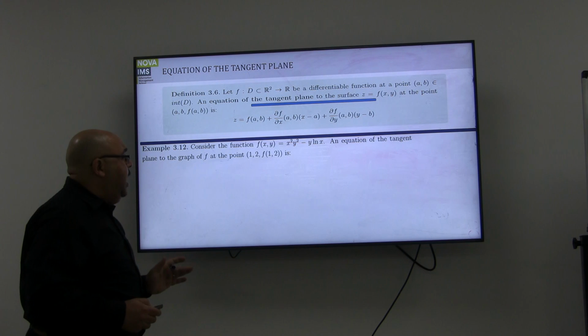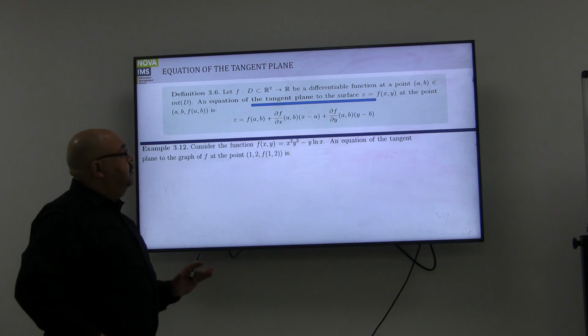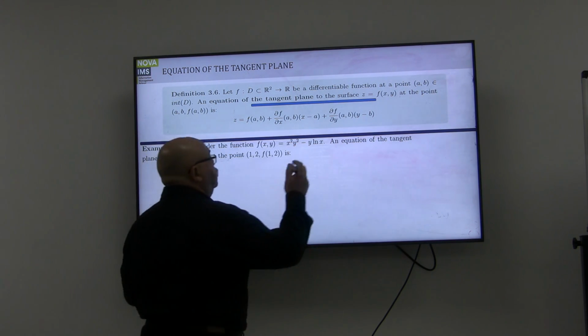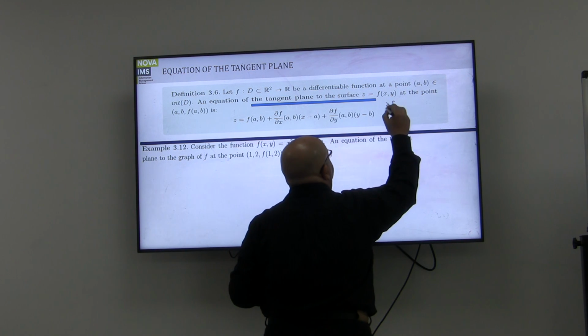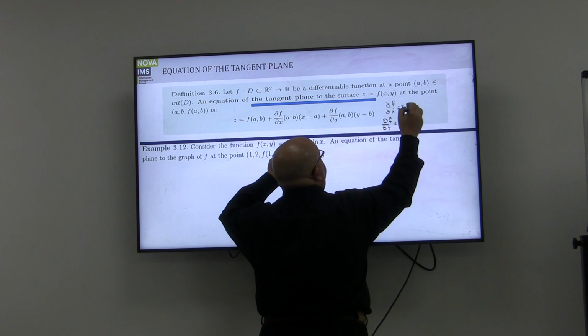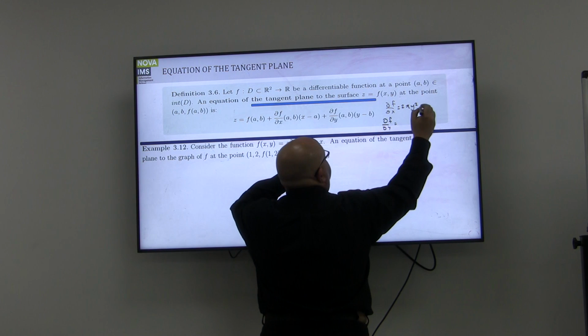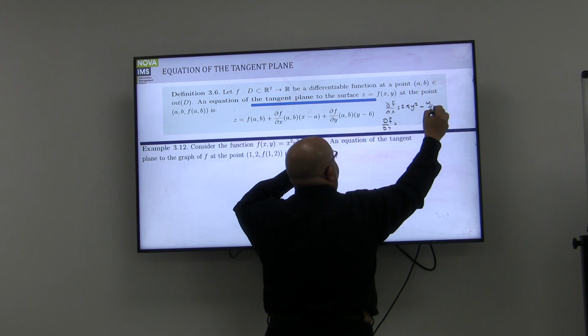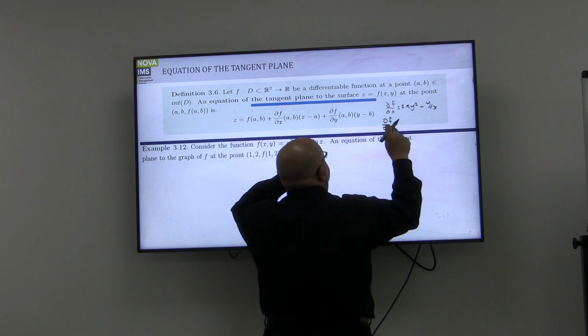Mainly, all I have to do in order to get the tangent plane is to get partial f, partial x and partial f, partial y for this function. Differentiating with respect to x, it's going to be 2xy squared, then minus y over x.